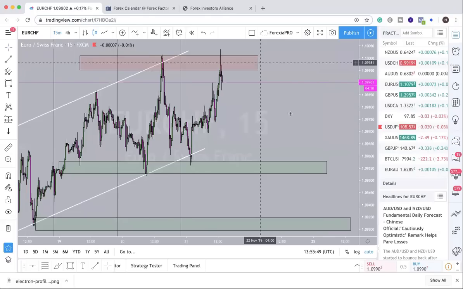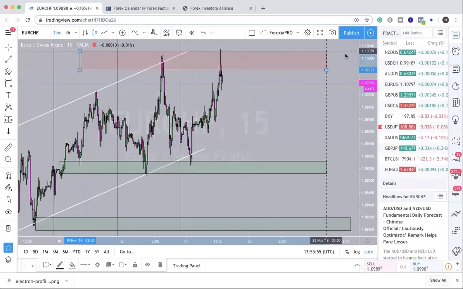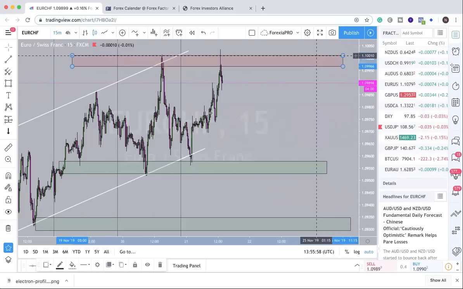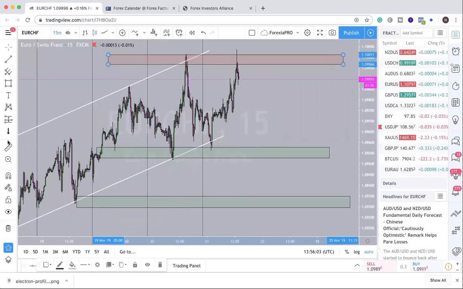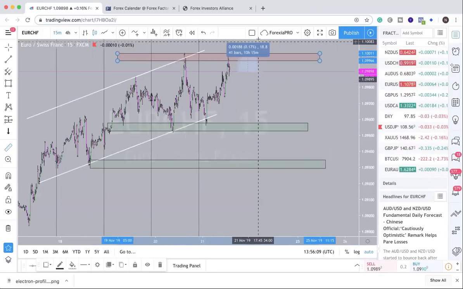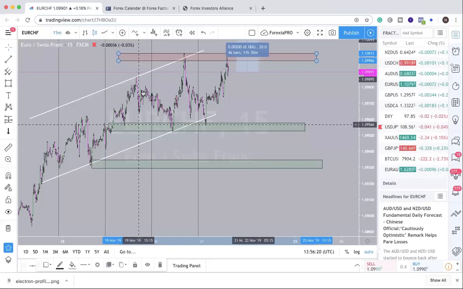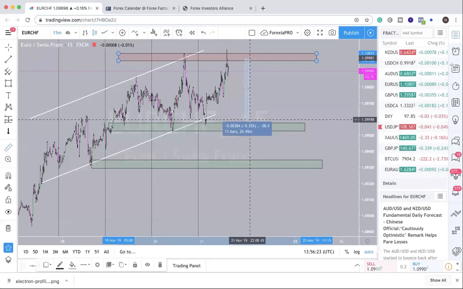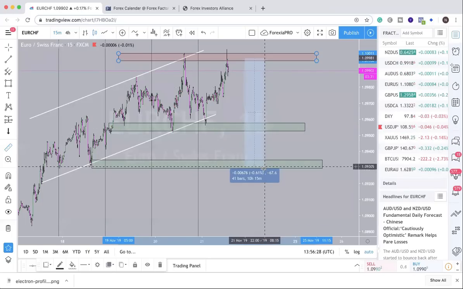Out of most of the other pairs that we just analyzed, Euro CHF does look like a better optimal setup. Stop loss, if you want to sell this one, 20 pips max. Take profit zones are marked at 40 and about 70 pips, 65, 69.